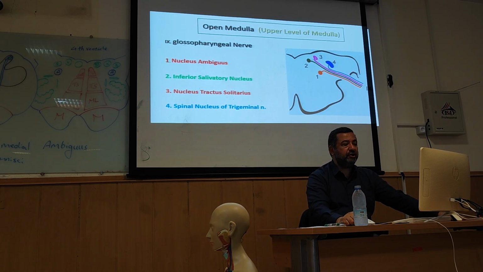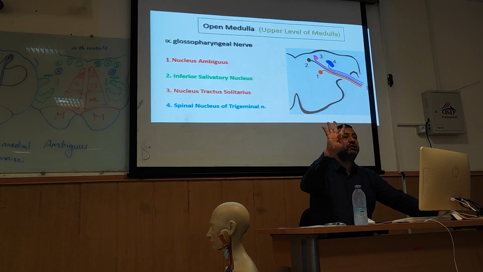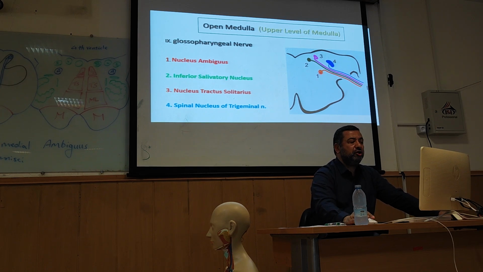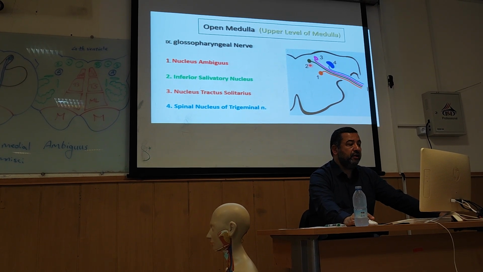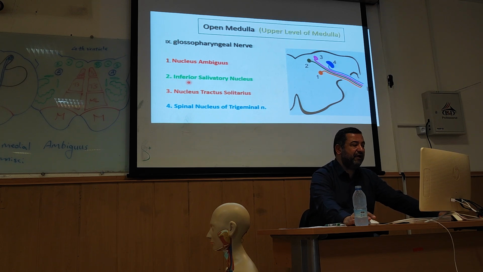Glossopharyngeal nerve, cranial nerve number 9, has 4 nuclei, similar to the vagus. Motor nucleus of the glossopharyngeal is ambiguus. Parasympathetic efferent nucleus is inferior salivatory nucleus.